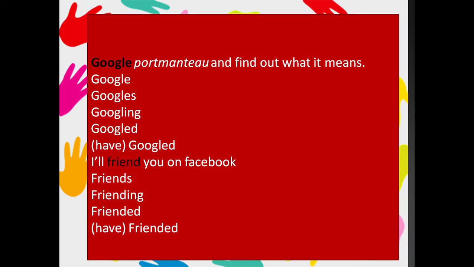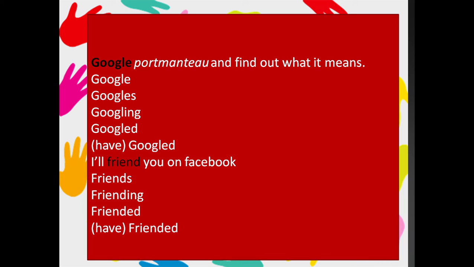Google for the answers. He usually Googles for the answer. What are you doing? I am Googling for an answer. Last night I Googled for the star. I have already Googled and found the answers.